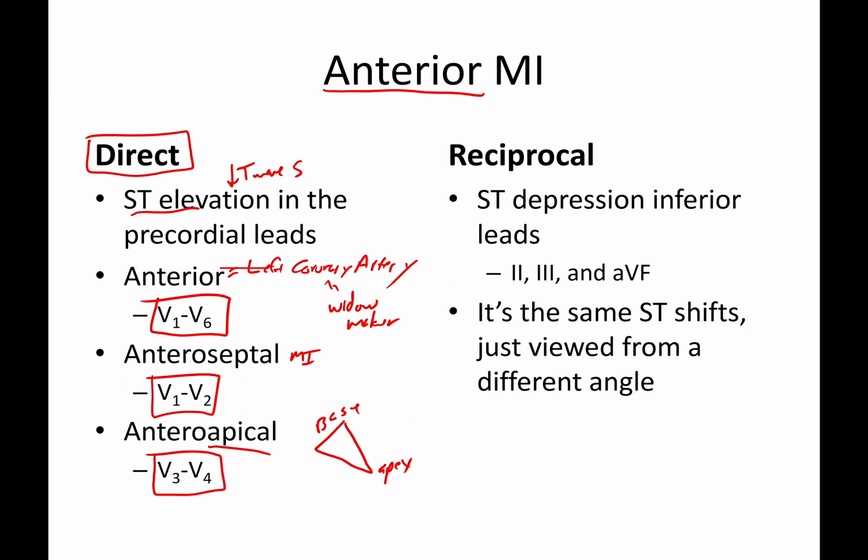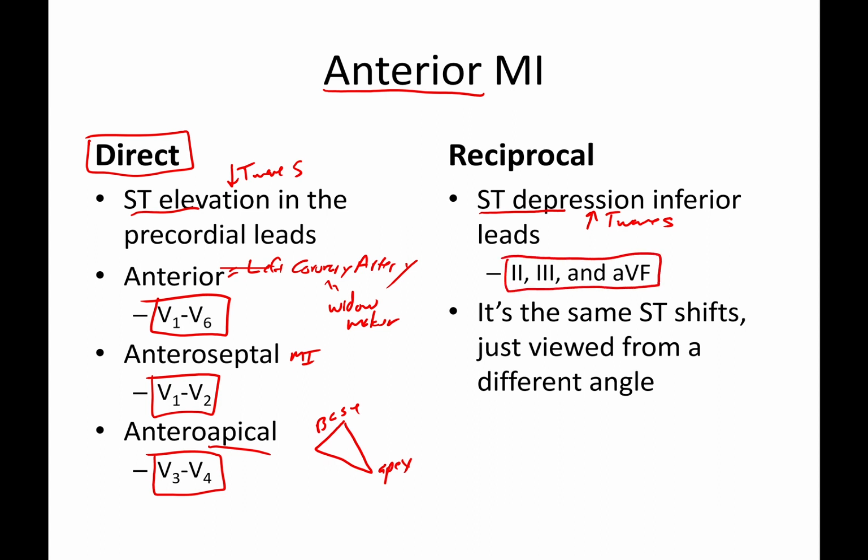Your reciprocal changes for these cases, you're going to see ST depression, and your T waves may act a little bit funny. You may see ST depression with upright T waves. That's one of the really good signs that this is probably a reciprocal change. It's going to be in 2, 3, and AVF.